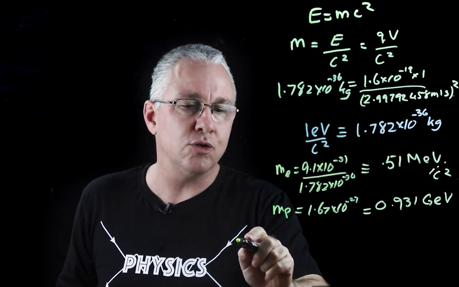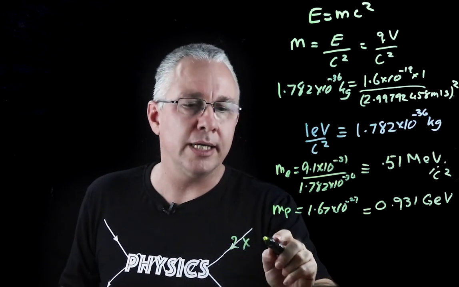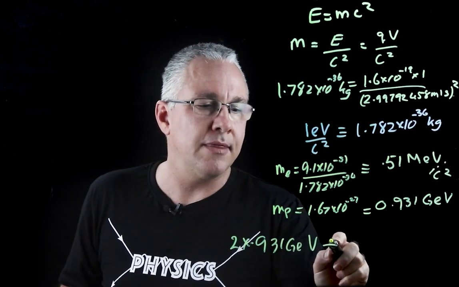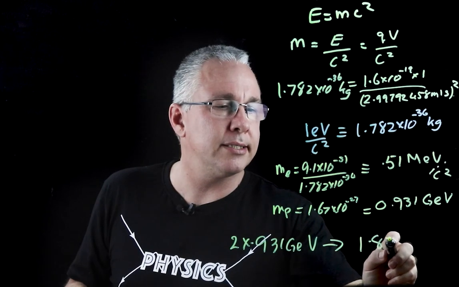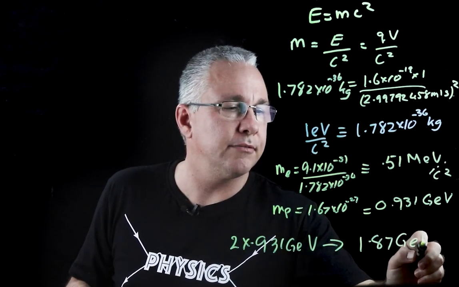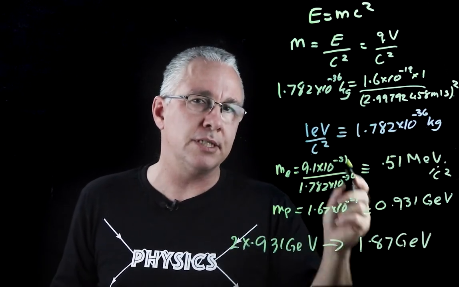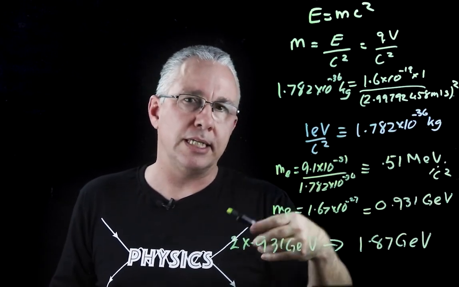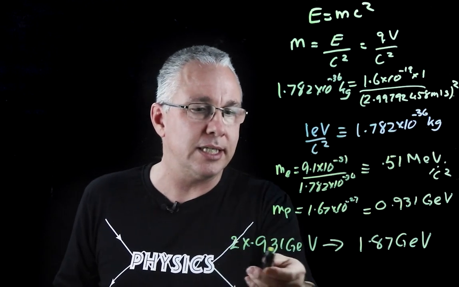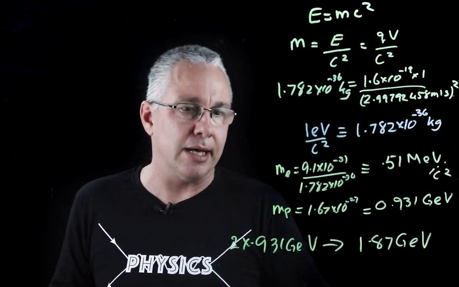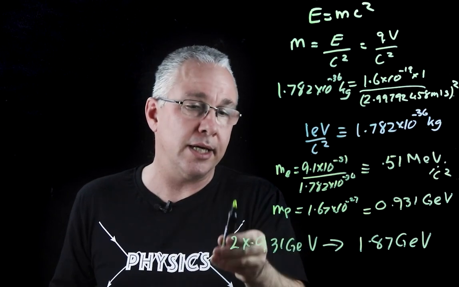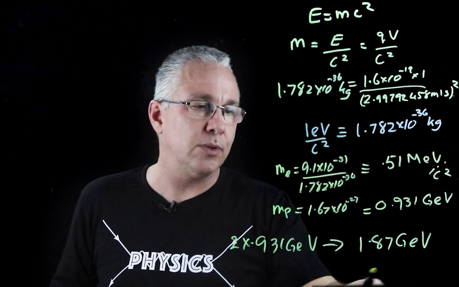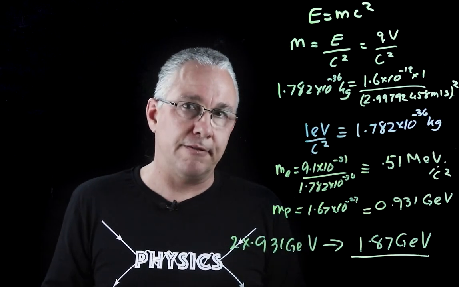So when I get two protons colliding, I get 2 times 0.931 giga electron volts, and that results in 1.87 giga electron volts. Notice here I am dropping off the c squared because that c squared tells us its mass. If I multiply it by c squared, I automatically get its energy. And you can see the numbers are nice and simple now, because all I need to say is that two protons are colliding, it produces energy, E equals mc squared, by that particular value.